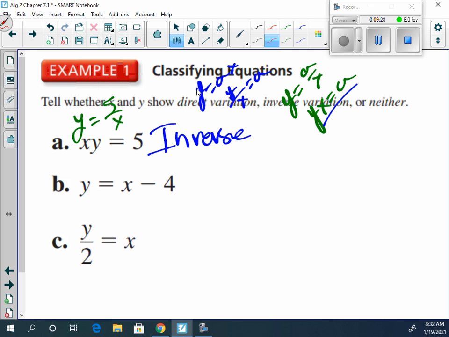So really, when we talk about addition or subtraction, or really anything besides multiplication or division, it's not going to be talking about these variations.